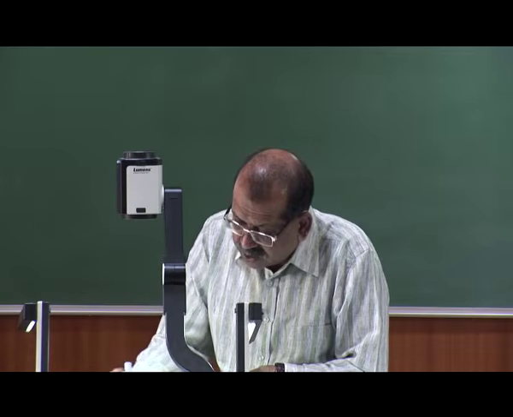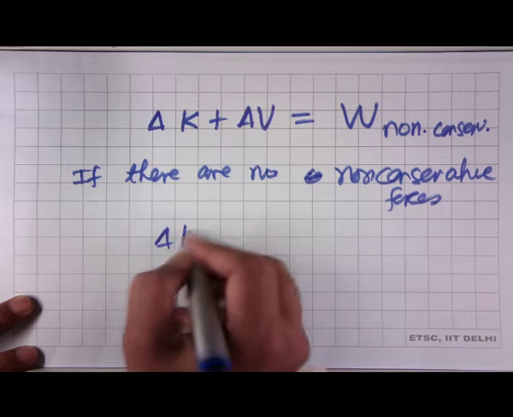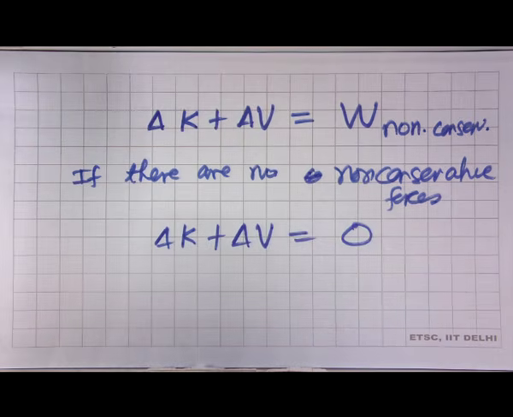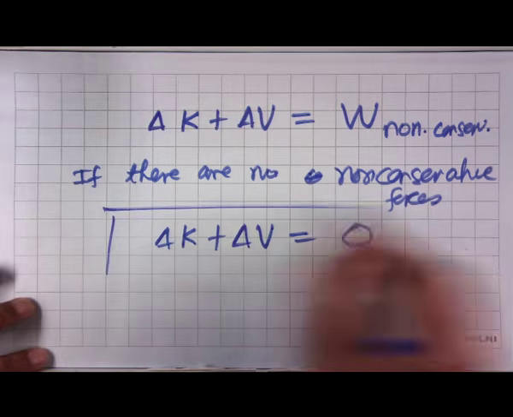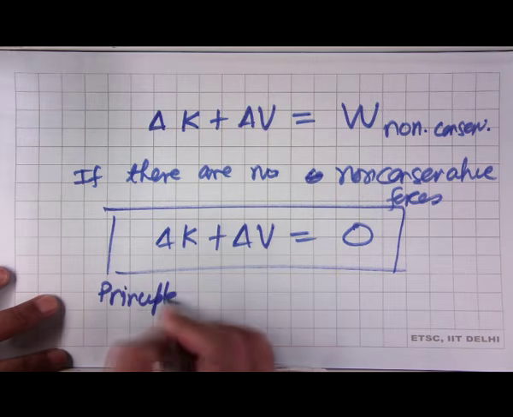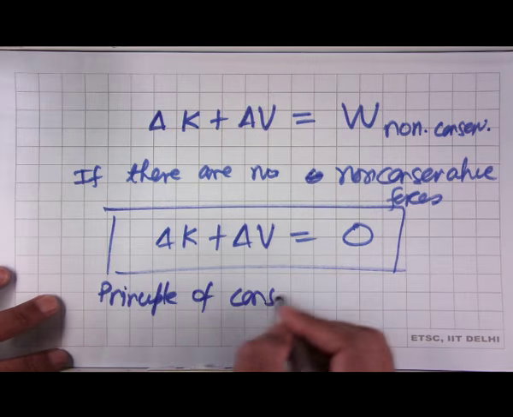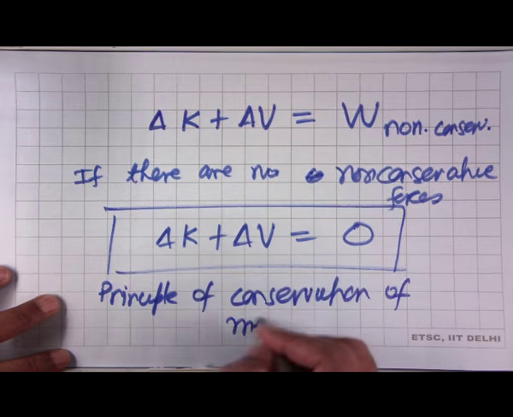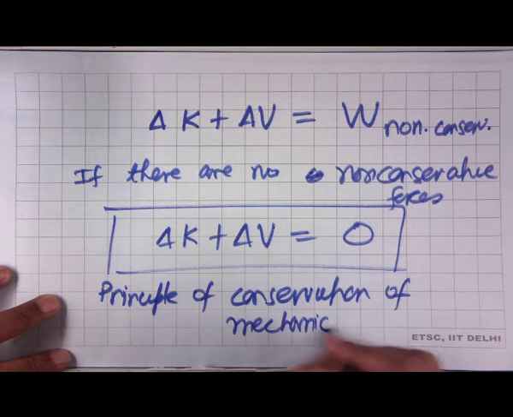then the work energy theorem becomes change in kinetic energy plus change in potential energy is equal to 0, and this is what we call the principle of conservation of mechanical energy.